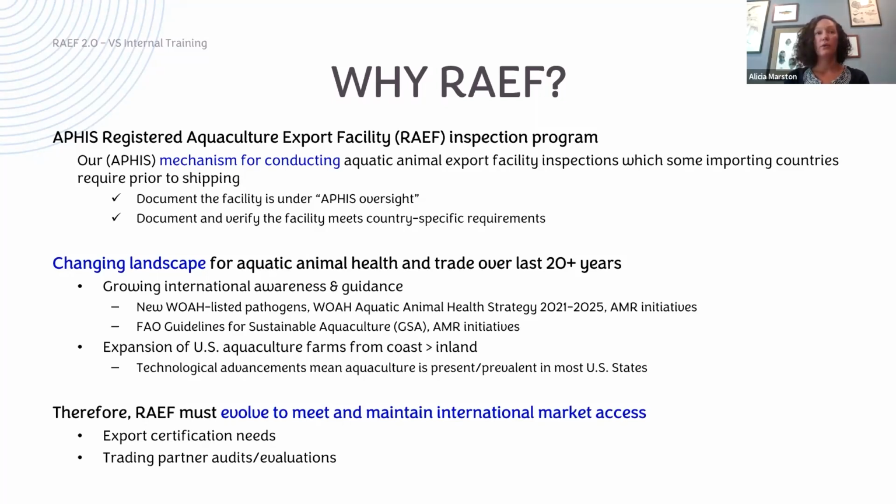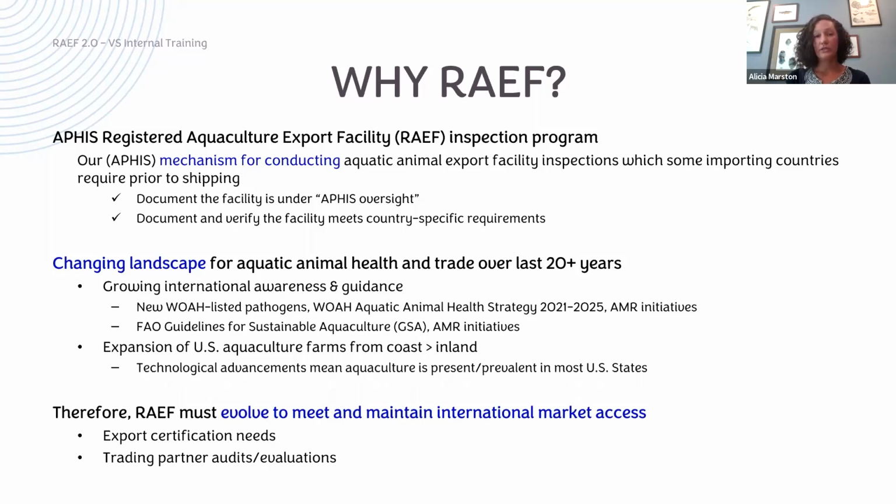WOA has come out with their aquatic animal health strategy, which addresses aquatic animal health, biosecurity, as well as how all of that works within trade. And then also, specific discussions on antimicrobial use and antimicrobial resistance initiatives that we've seen out of WOA.